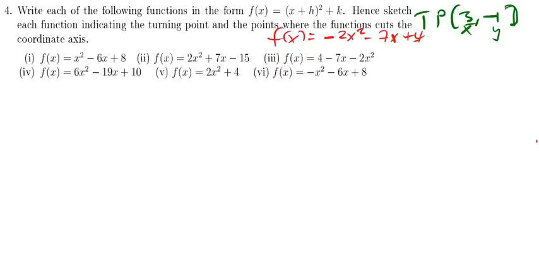Yes, so this is always in the form of ax squared plus bx plus c. That's why I had to start with the one with x to the power 2. You understand? Okay. So if you understand, then we can continue with this question.